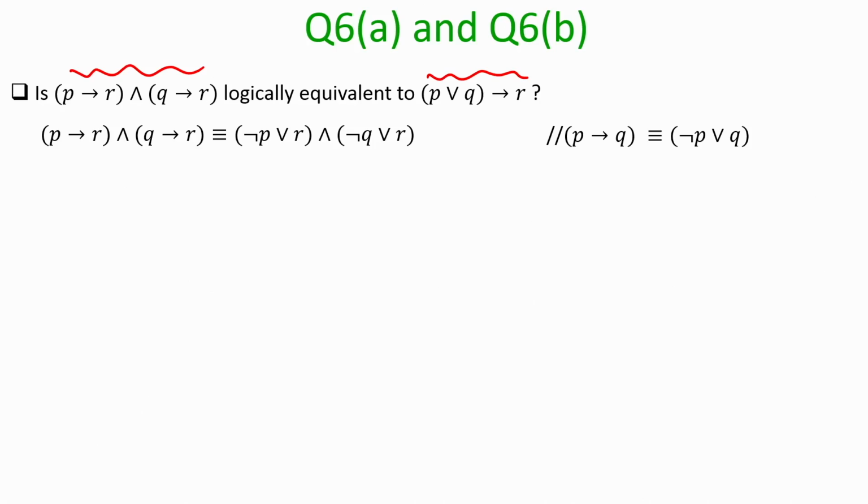So, what we will do is, we start with the LHS, namely P implies R, conjunction Q implies R, and somehow I will try to bring it into my RHS part. Okay.